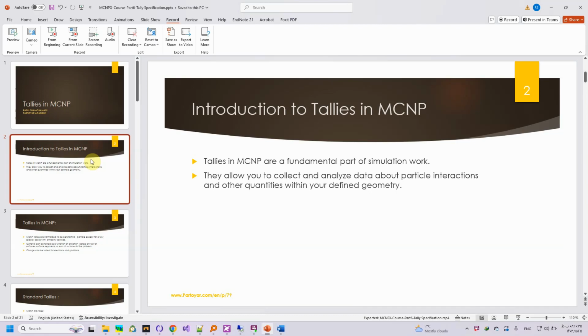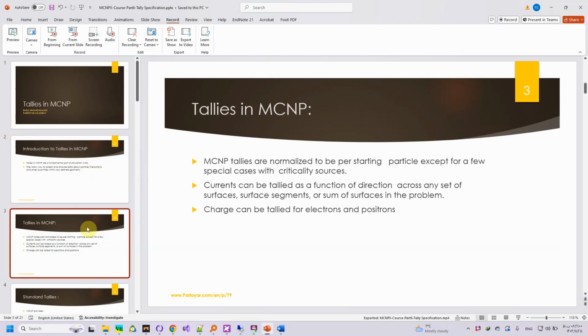It means that when we calculate, as an example, a dose, it's not the real dose. It's a result that is computed and normalized per source particle. So it's an important notice that we must remember.